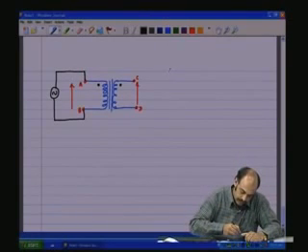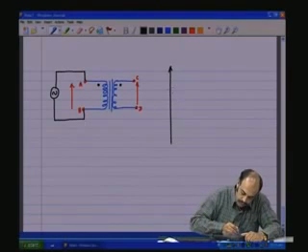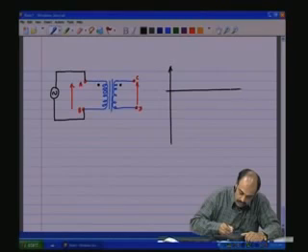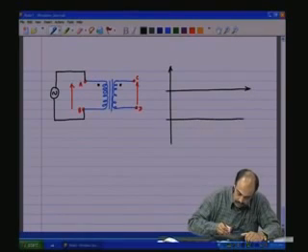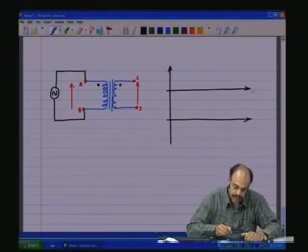Now, how do the waveforms look across the primary and the secondary with respect to time?